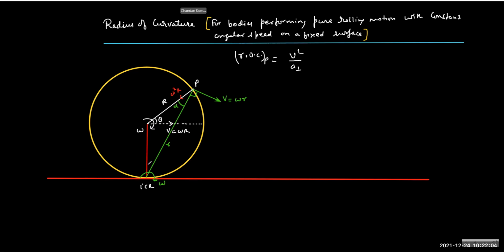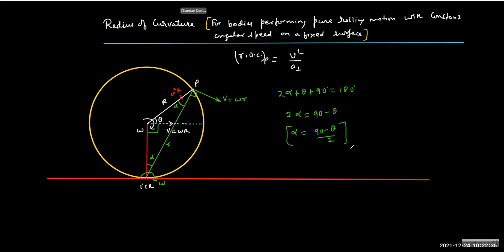This angle is alpha. This is also alpha. Why? Because this triangle is isosceles and this is 90 degrees, correct? So from the angle relation, 2 alpha plus theta plus 90 must be 180. So basically 2 alpha is 90 minus theta, so alpha is basically 90 minus theta by 2.